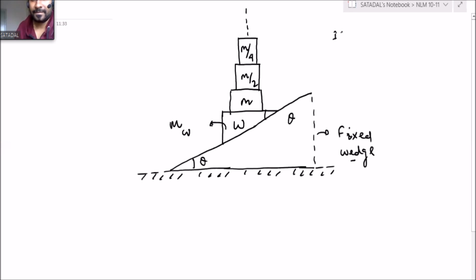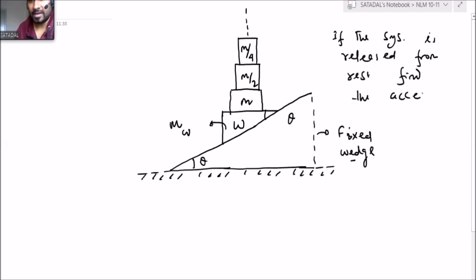If the system is released from rest, find the acceleration of the wedge and also calculate.